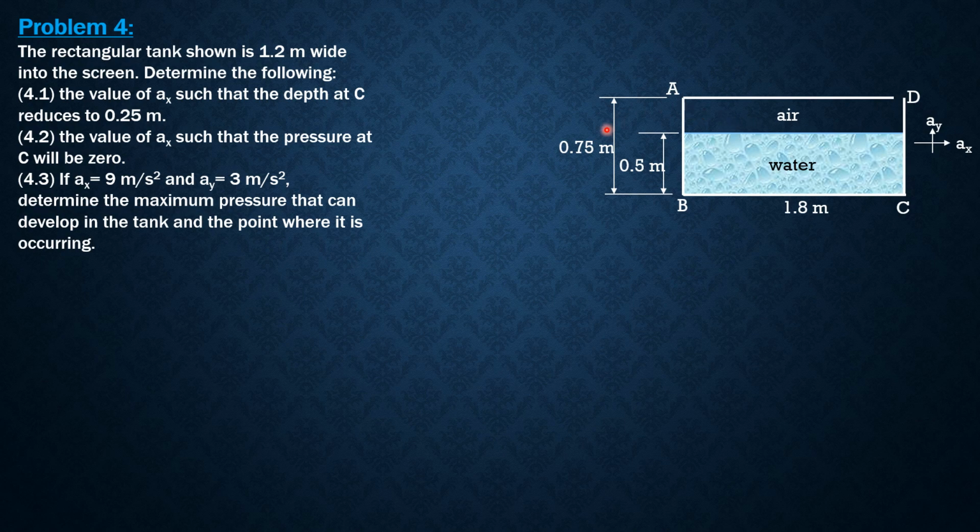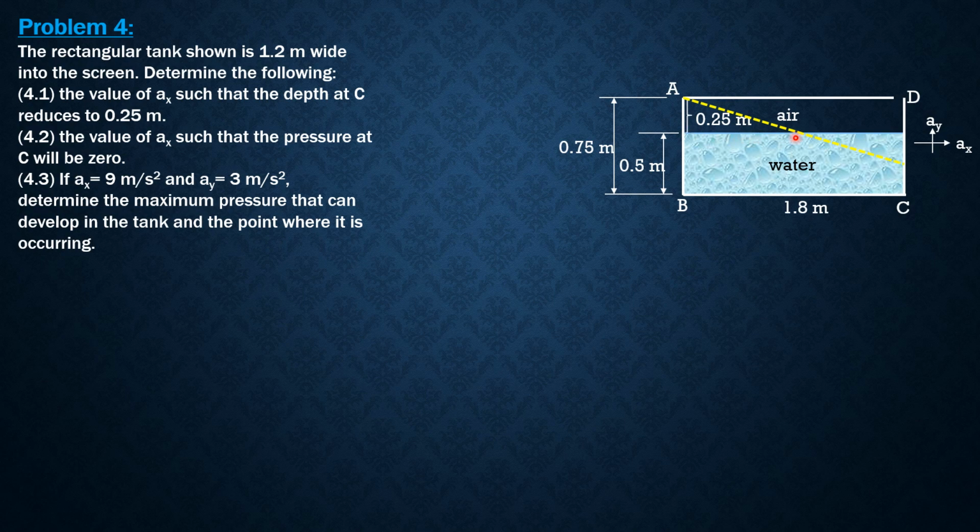And since the difference between 0.75 and 0.5 is also 0.25, that means the resulting surface is crossing exactly through top left corner A. So this is the expected figure, and call this theta 1. So this is also 0.25. So therefore it crosses the point of symmetry because this is also 0.25, so that the depth at C will be 0.25 also.